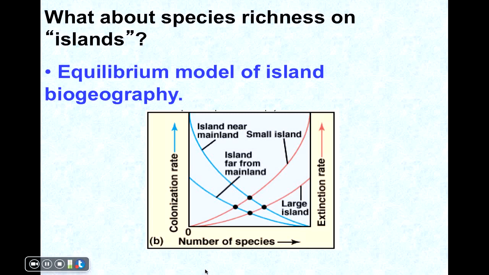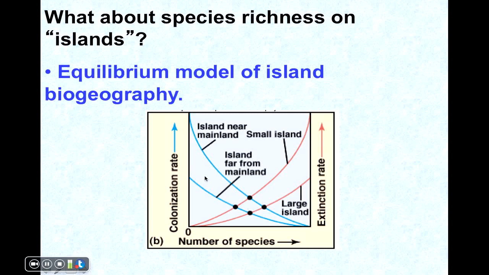So large islands might tend to have more species than small islands. And also, the closer an island is to a mainland, the more species it's likely to have as well. And why is that? Well, the idea is that species that colonize islands typically are going to come from some mainland. So the idea is the closer an island is to mainland, the more likely it is that new species will arrive on the island.